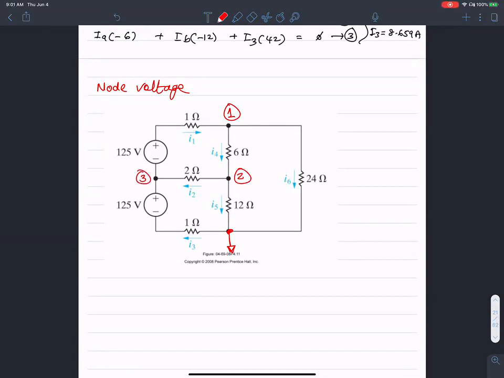Another good reference potential could be this guy as well, because there are 2 power supplies connected to this node. I might as well have picked that guy as my reference node. Okay. Would you prefer to do that?